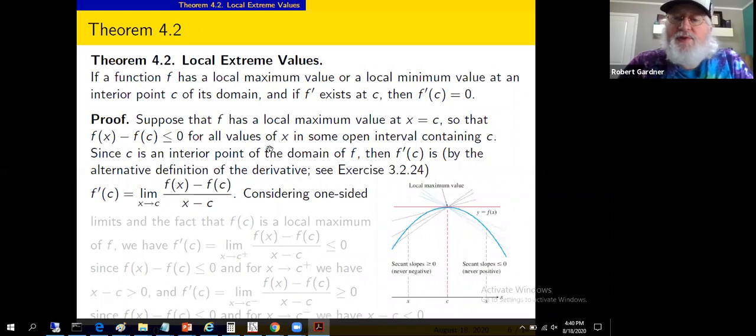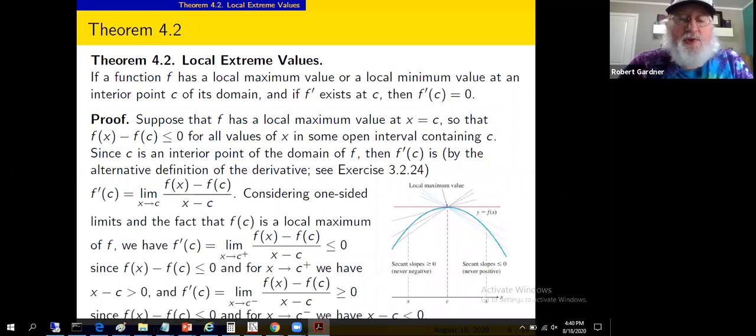Well, what we're going to do is break it into one-sided limits. Consider the one-sided limits: the limit as x approaches c from the positive side, as well as the limit as x approaches c from the negative side. It's a little crowded at the bottom here. Well, here's what's happening. If f of c is a local maximum, like we have in the picture here, I can't magnify these because of the nature of the PDF file.